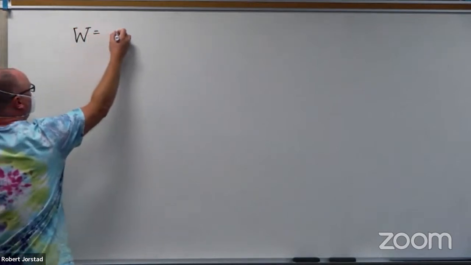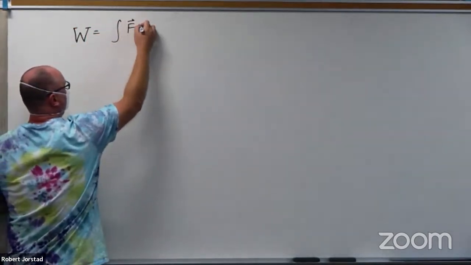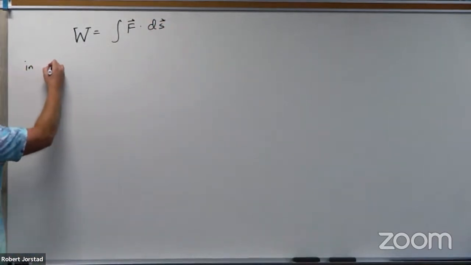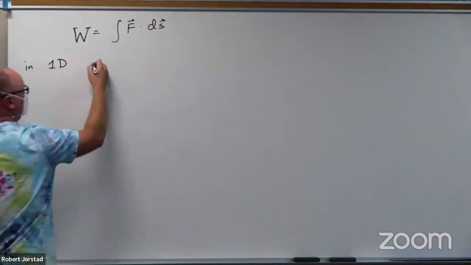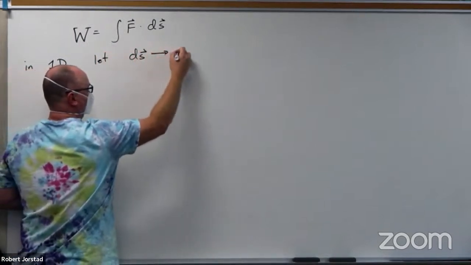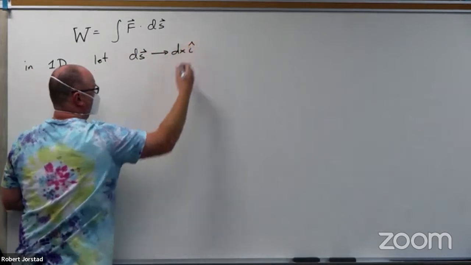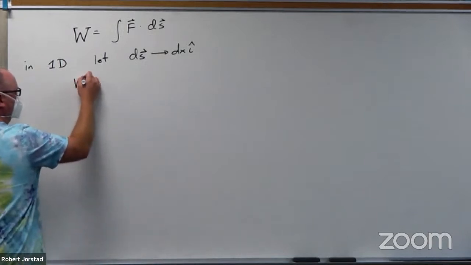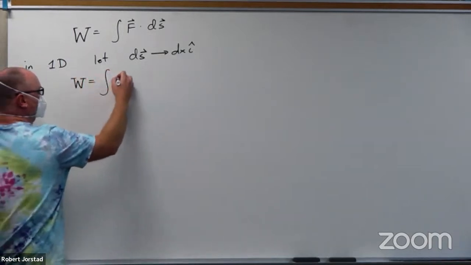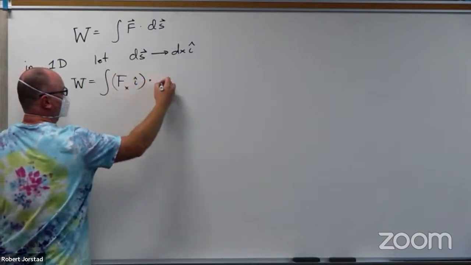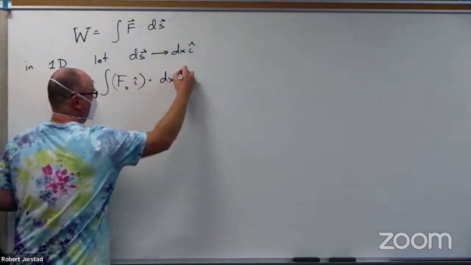Work is equal to the integral of force dot dx. In 1D, let ds go to just dx in the i hat. Is everybody okay that we could just do something in one dimension for this simple case? Good. Okay, so work is equal to F sub x in the i hat dotted with dx in the i hat.